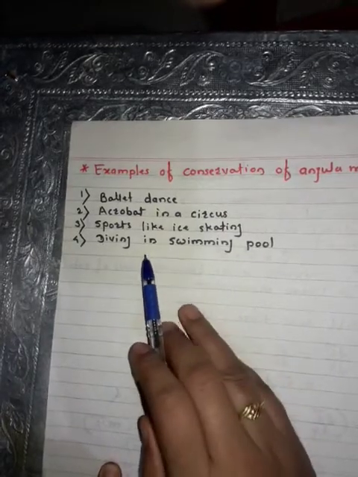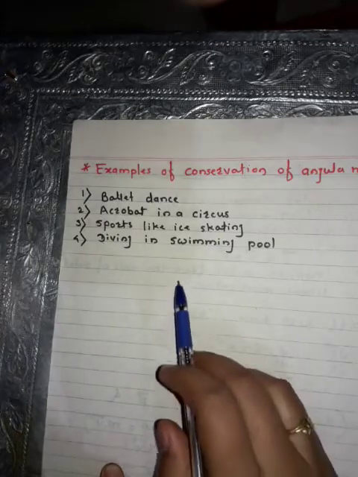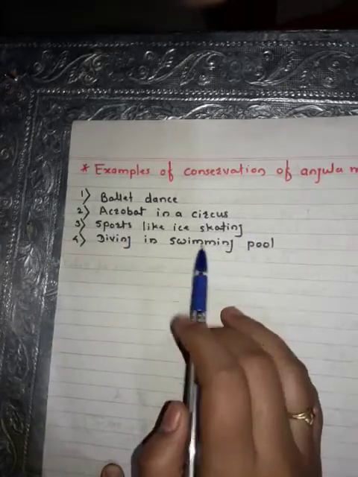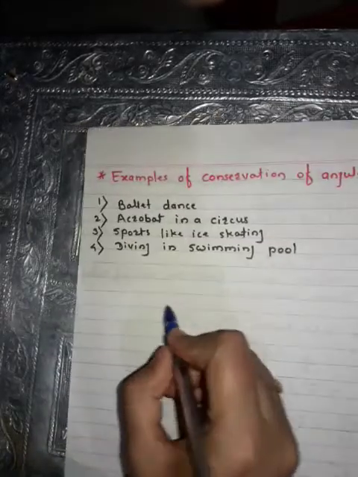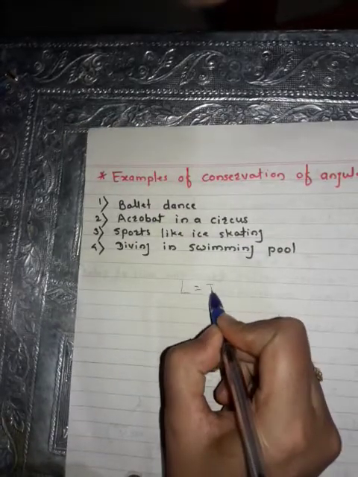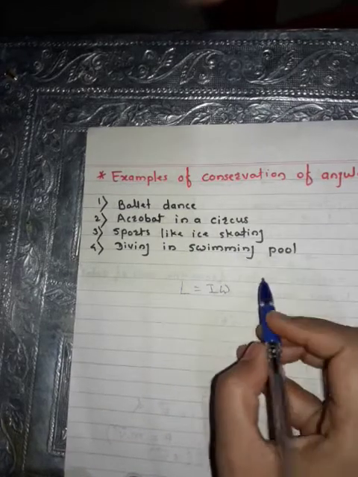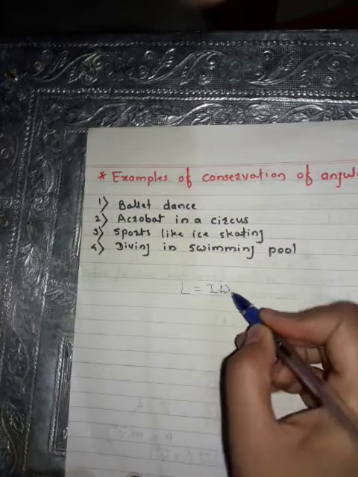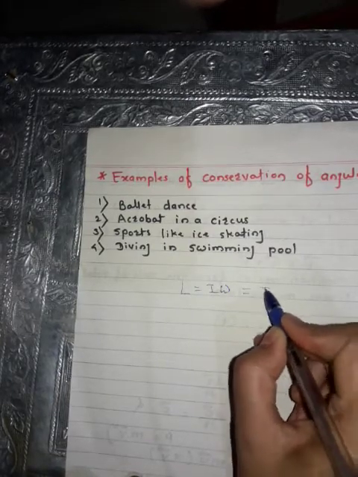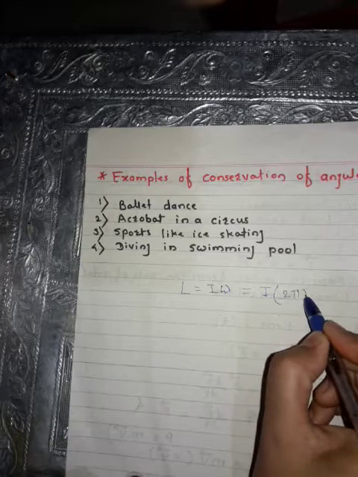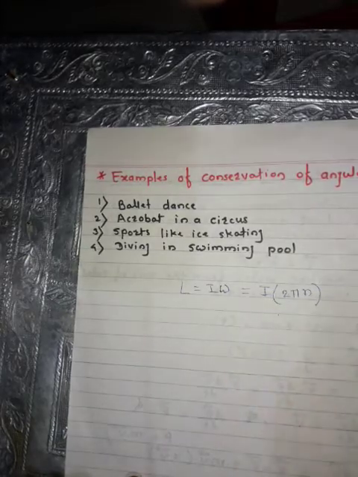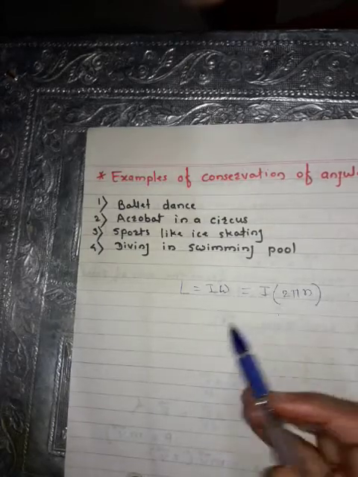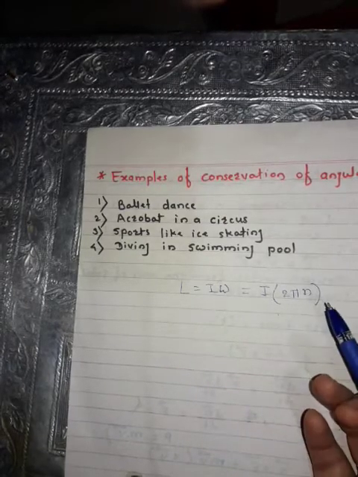In all these applications the product L is equal to I omega, where omega is equal to twice pi n, is constant, where the players acquire a certain speed.